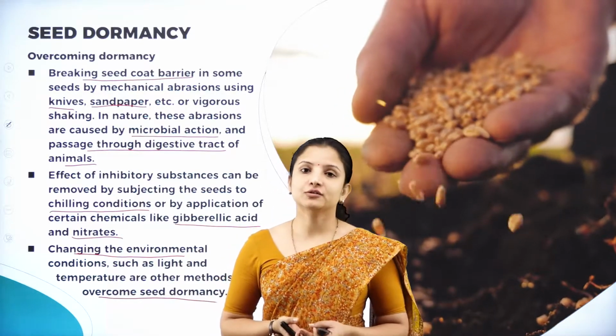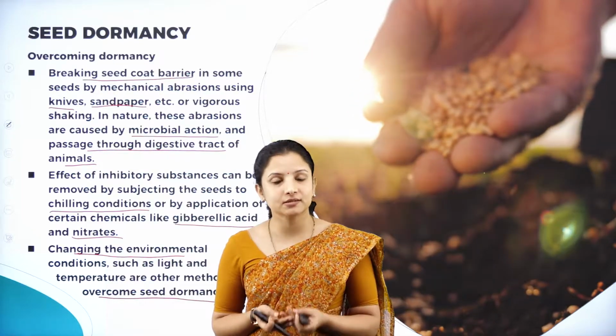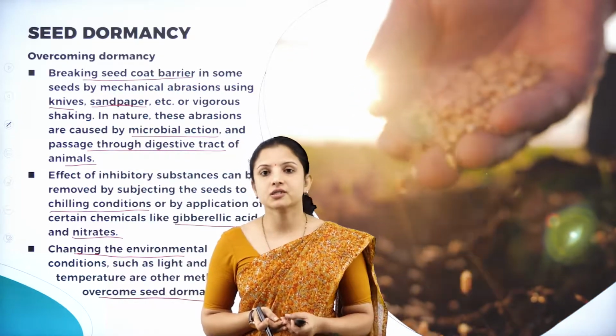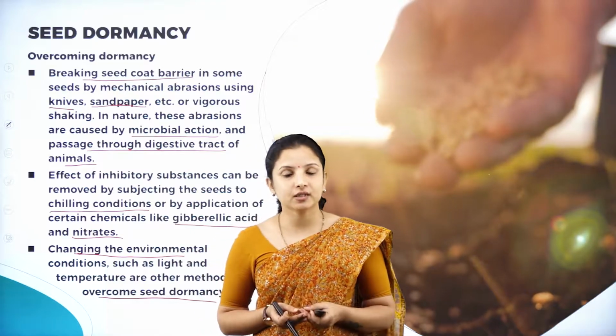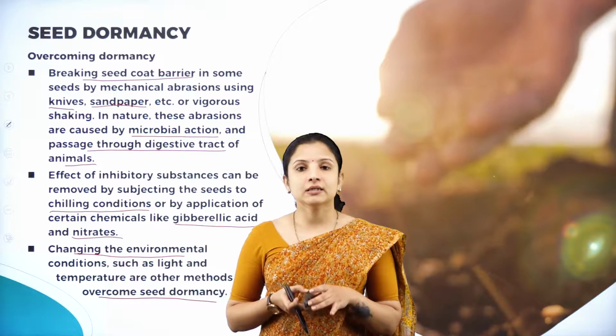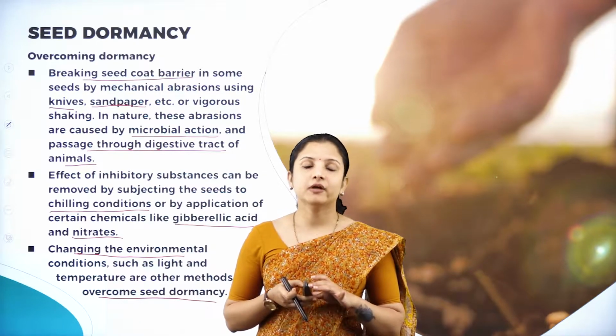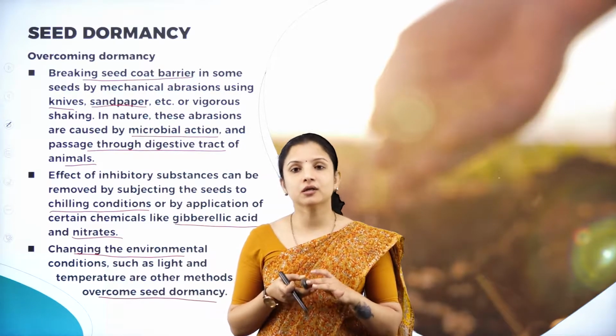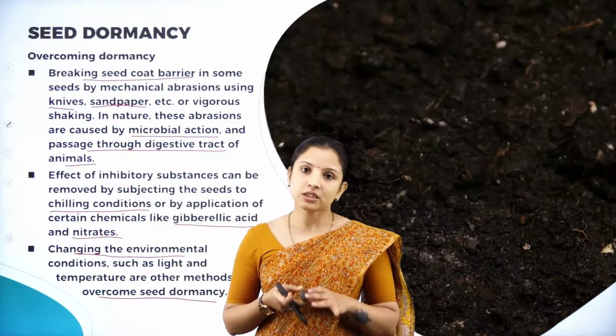I hope you understood this session well, wherein we discussed important concepts such as photoperiodism and vernalization. We learned that photoperiodism is nothing but the flowering of a plant when the plant is exposed to a definite period of light condition.